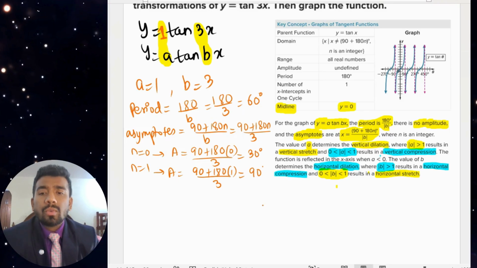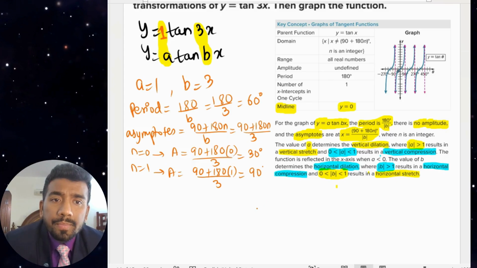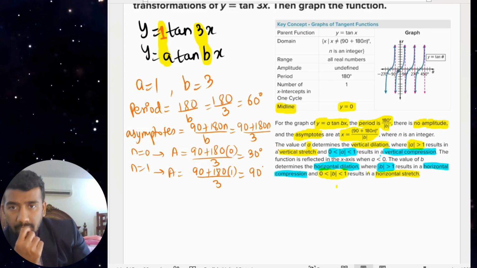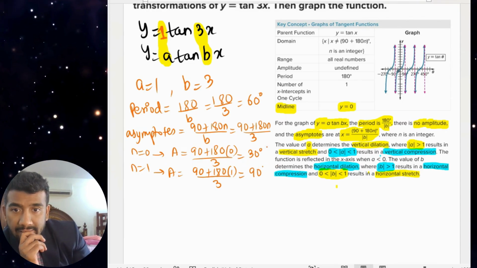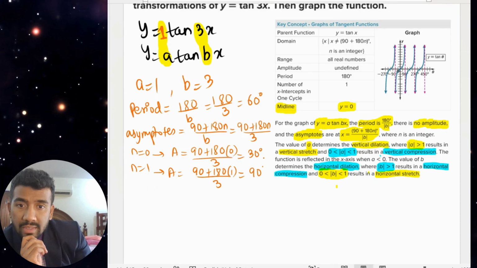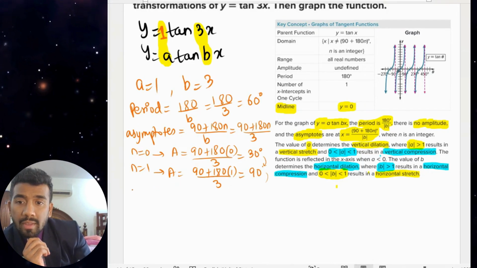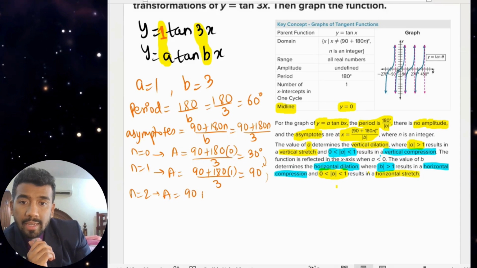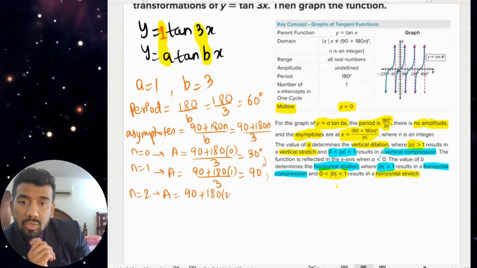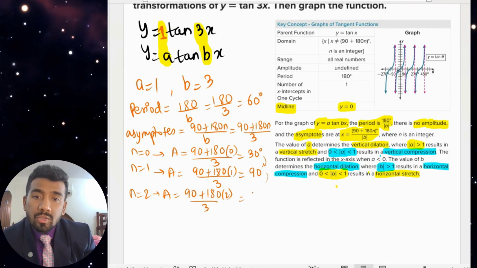Okay, so that's 30, that's 90, and then again I think it will repeat itself. You see, it's 60, it's repeating, right? 60 plus 60. So when you put n as 2, you will get 90 plus 180 times 2 over 3. It should definitely come 60 plus, so it will be 150.